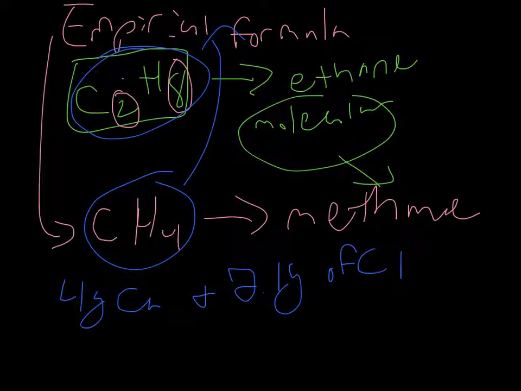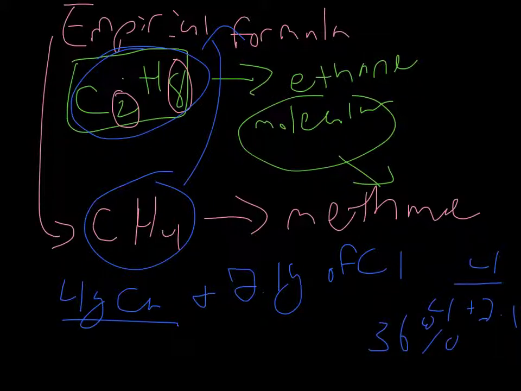So what you need to do, like we did before, is determine the percent composition. Here we already have the grams, but if we do 4 divided by 4 plus 7.1, we get the percent composition of calcium. So calcium is going to be 4 divided by 11.1, which is 36%. That's percentage by mass.